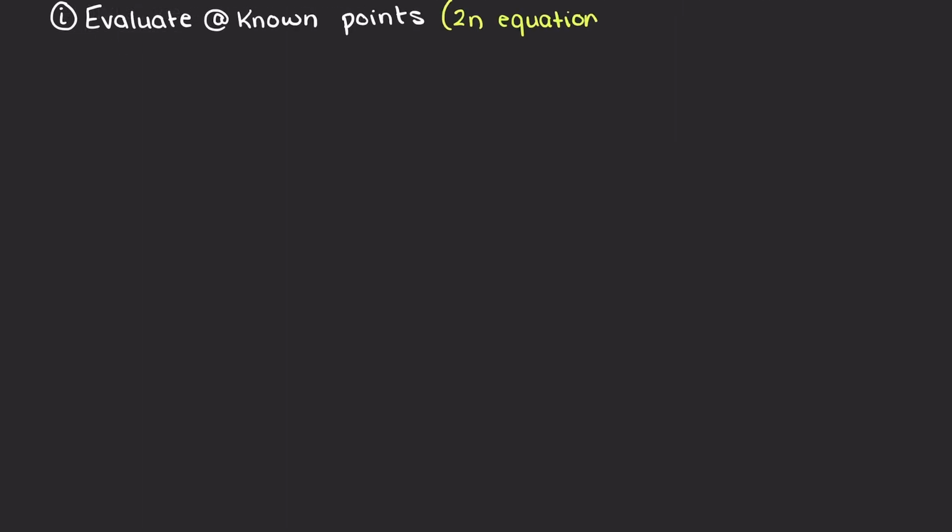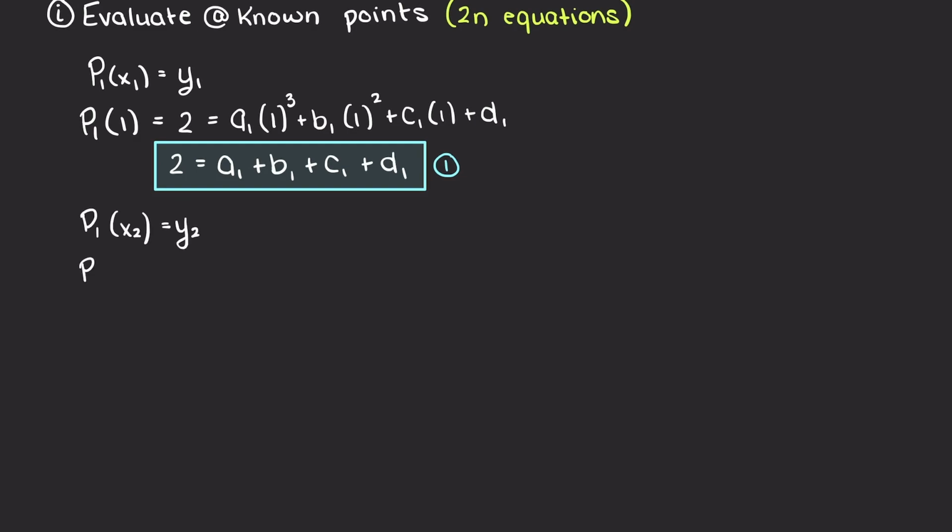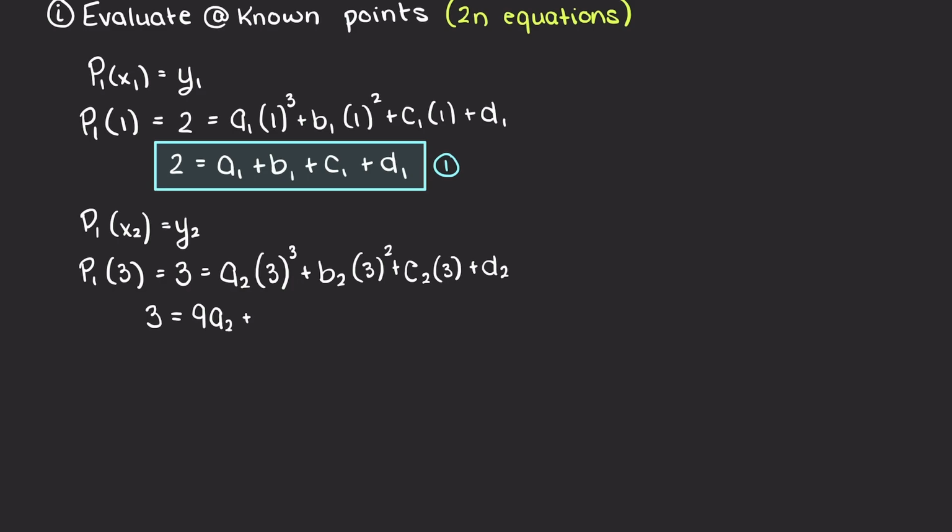As we learned in the previous theory video, we can get 2n equations through evaluating each of the 3 polynomial functions at our known data points. So let's just go ahead and do that. All we're doing here is plugging in our x values at our known points and simplifying.